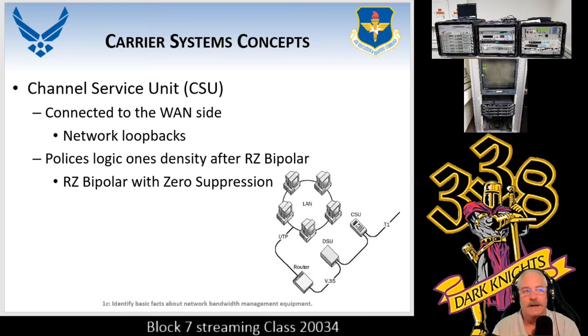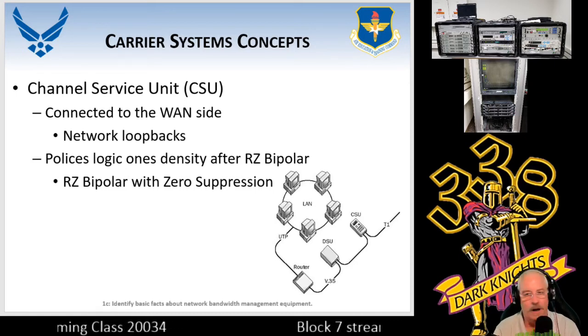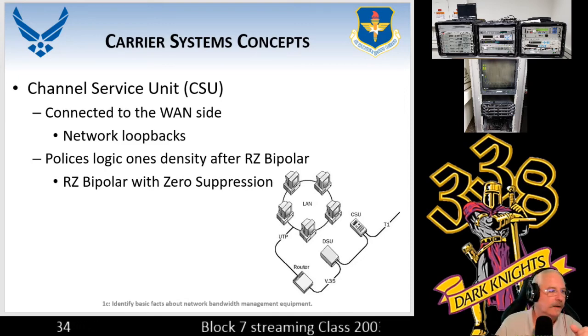Again, CSU, channel service unit, is the network side. I get a lot of, well, CSU is the customer service unit, so that's on the customer side. No. Please don't get into that confusion area, okay? Channel service unit is the network side, and it is self-clocking.